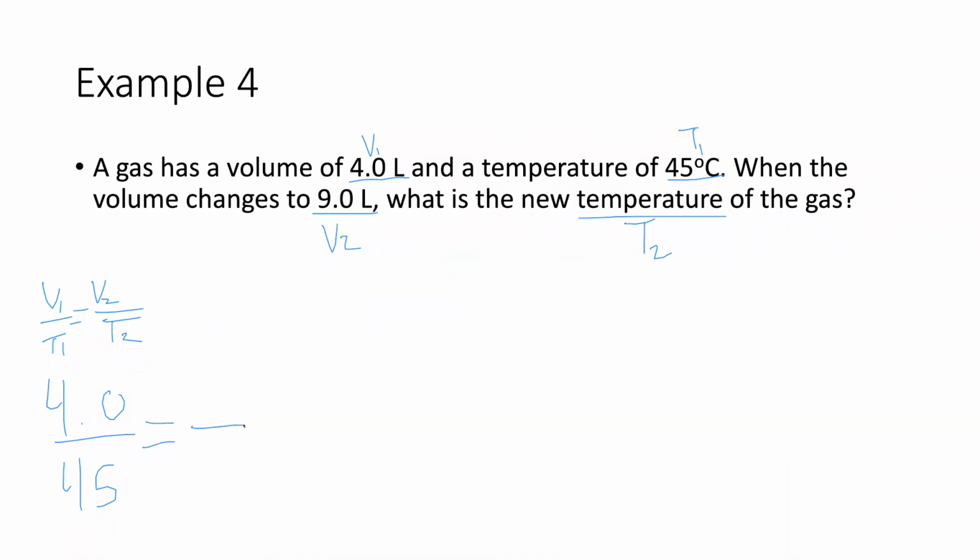On top, we know our V2, it's 9.0, divided by T2, which we are trying to solve for. Like the last problem, we're solving for one of our variables. This time, we have T2 on the bottom. Two approaches, but I'm going to do crisscross multiplication because, in my opinion, it's the easiest way to go.